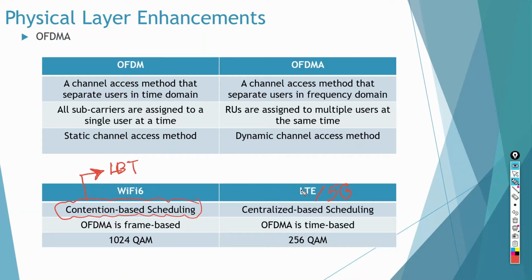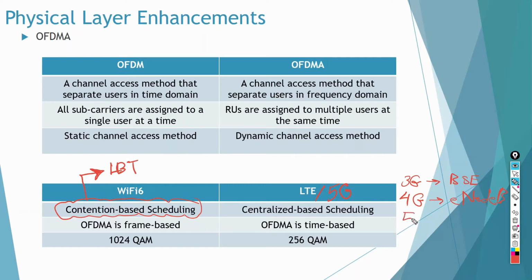Whereas in LTE, which is an efficient protocol, the channel access scheduling is done by the base station. Regardless of the generation, in a 3G network the base station is called a base station or BSC. I'm just mentioning this for your reference. In 4G networks, it is called the enhanced node B, or eNodeB.